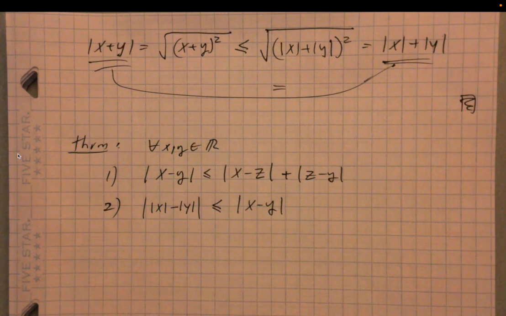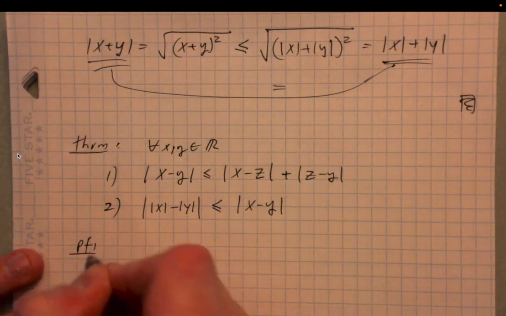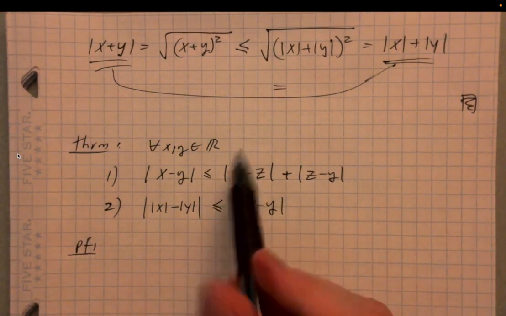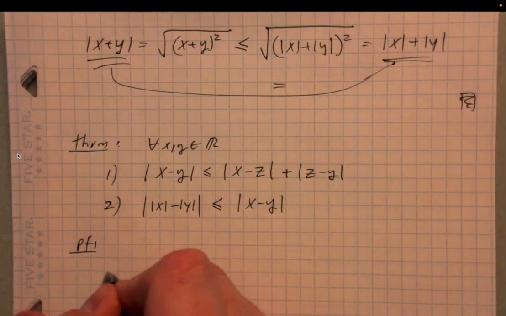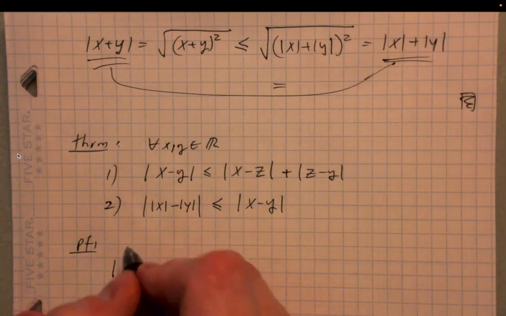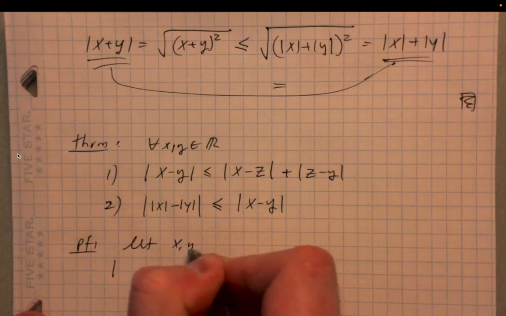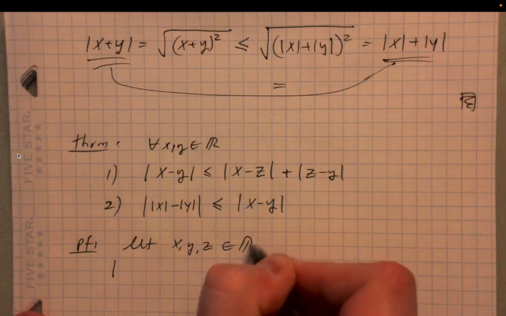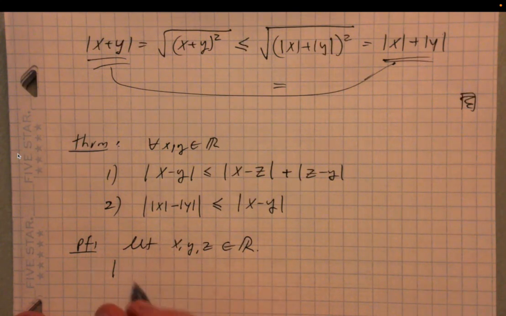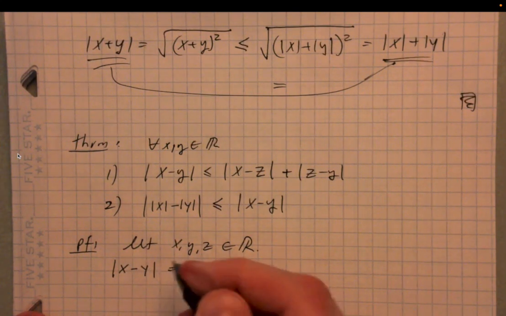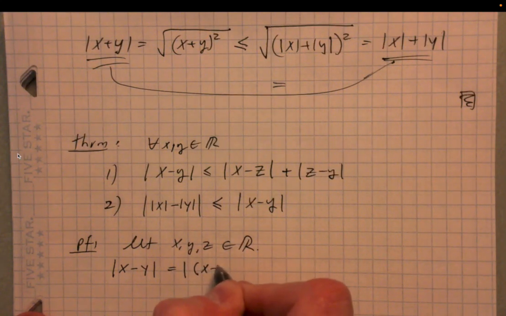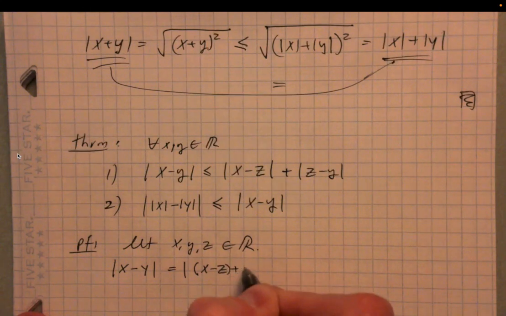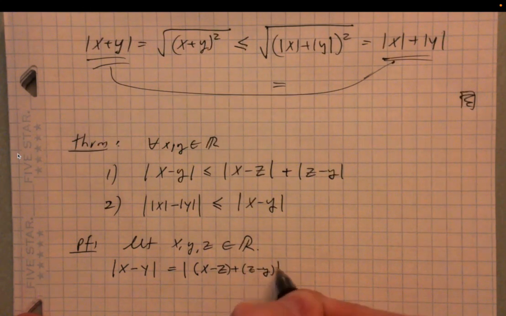Okay, let's prove part A of this one just to see how quickly we can get to this just using the triangle inequality. So let x, y, and z be in R. Then if we start with the absolute value of x minus y, we know that that's equal to the absolute value of x minus z plus z minus y, right? That's just algebra.